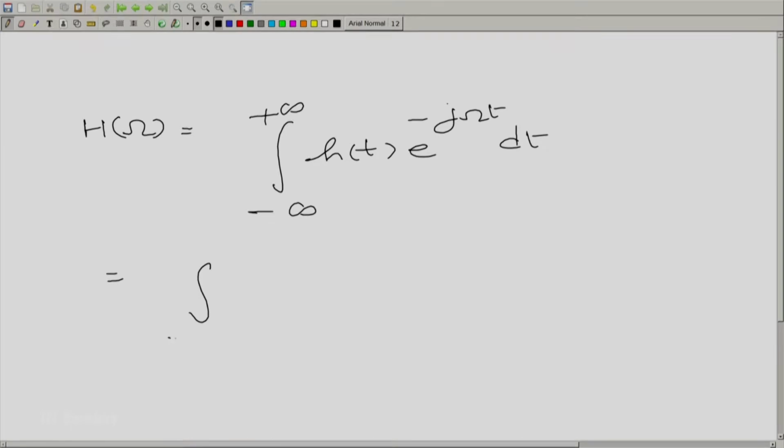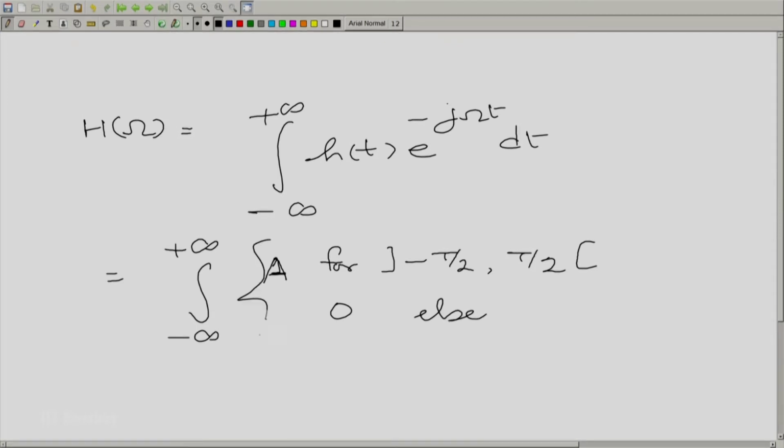And that is the same as the integral from minus infinity to plus infinity of the function, which is 1, or rather a, for minus T by 2 to plus T by 2, and 0 else, multiplied by e raised to the power minus j omega t dt.